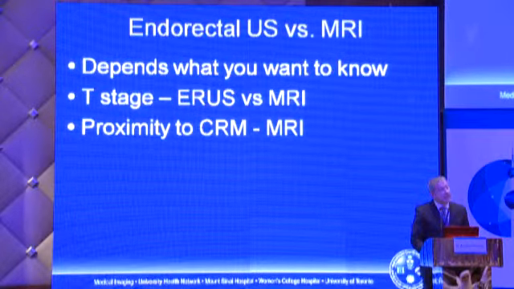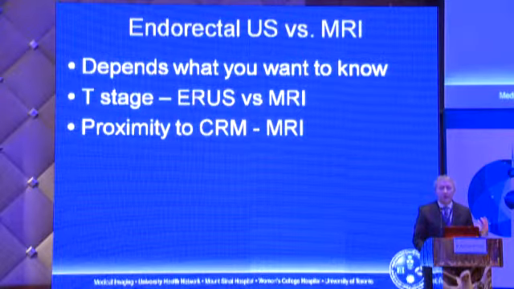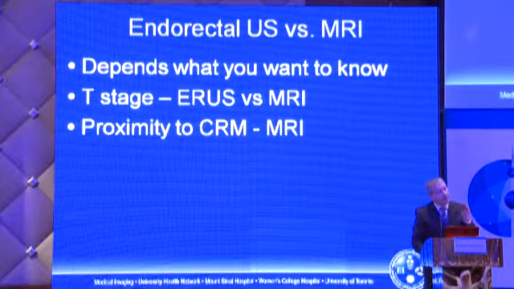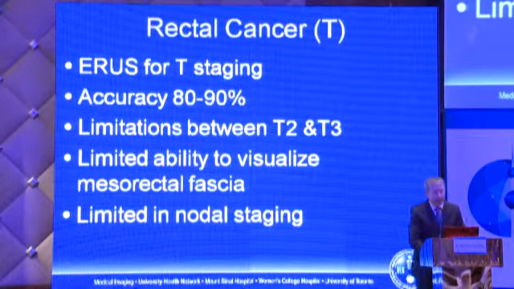If it's the T stage, i.e. is it T2 or T3 disease, we can have a discussion, and there will probably be local variability as to whether endorectal ultrasound or MRI is better. But if your surgeon is interested in the proximity of the tumor to the mesorectal fascia or the circumferential resection margin, then there really is no discussion, because MR is definitely superior.